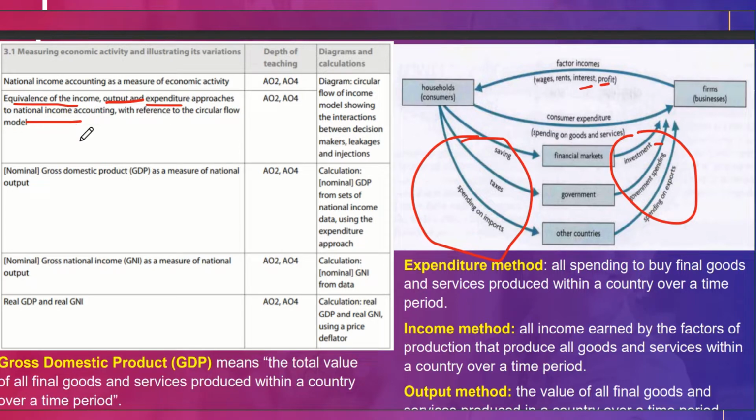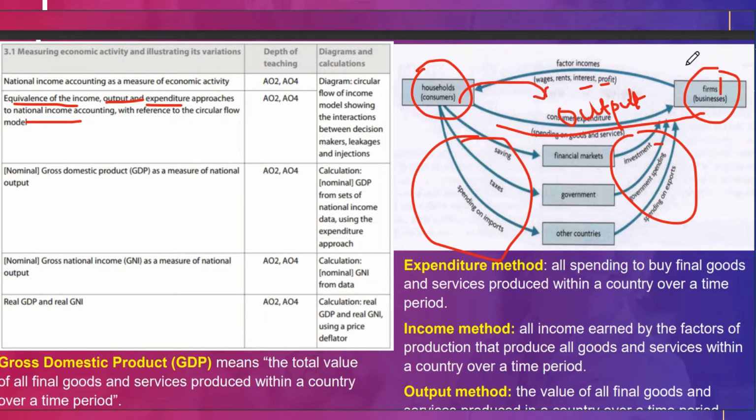The next thing is the equivalence of income, output, and expenditure approaches to national income accounting with reference to the circular flow of income model. So what can we conclude? Household expenditure is income of the firms. For that, firms are sending goods, so the transaction is taking place for output. Firms are sending goods to the product market, and for this output households are spending money.